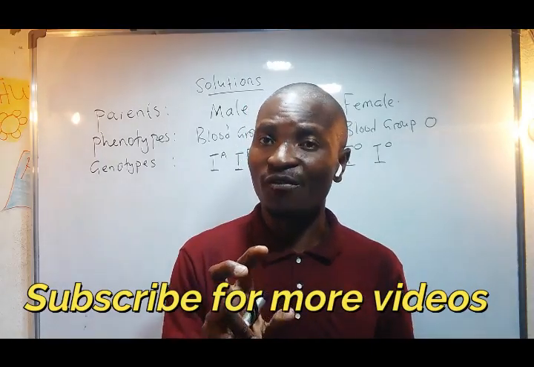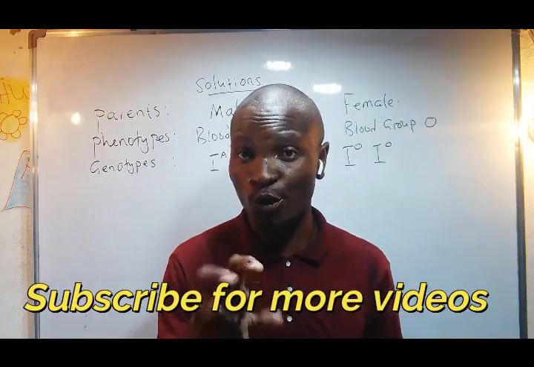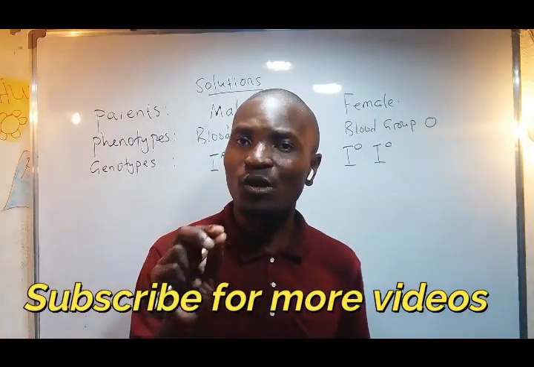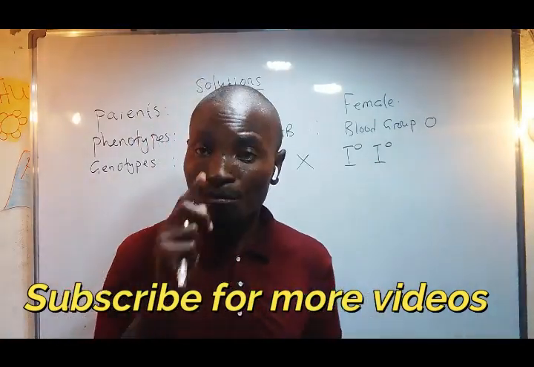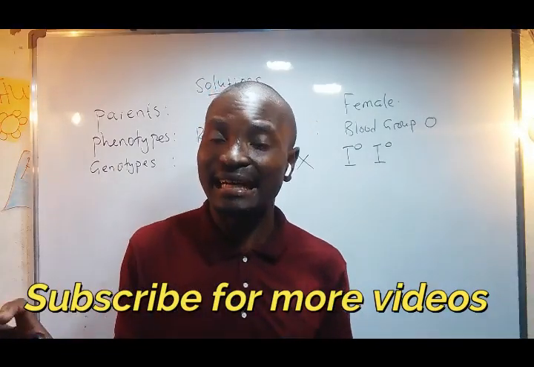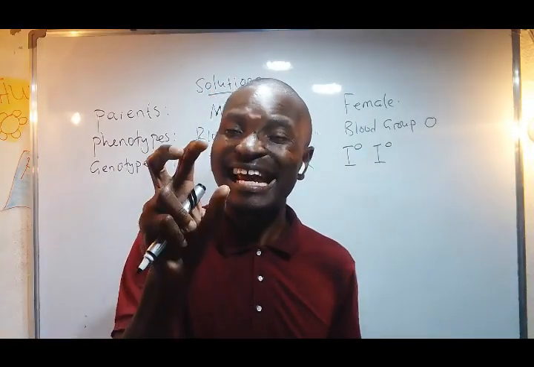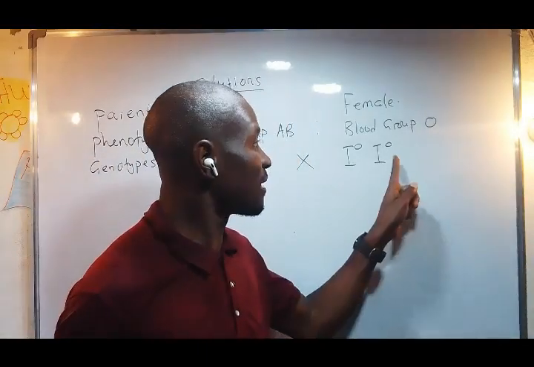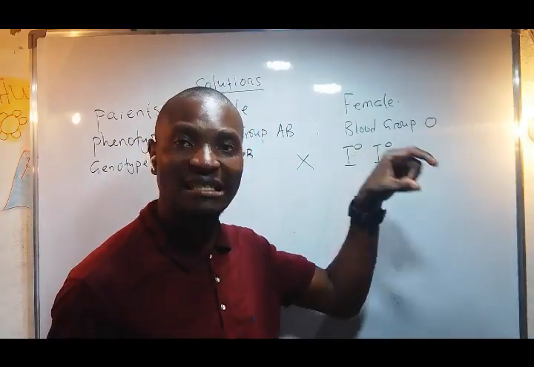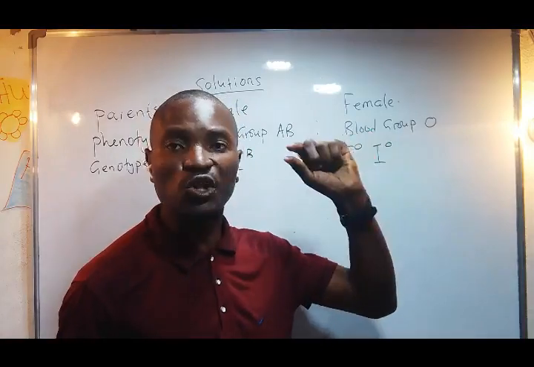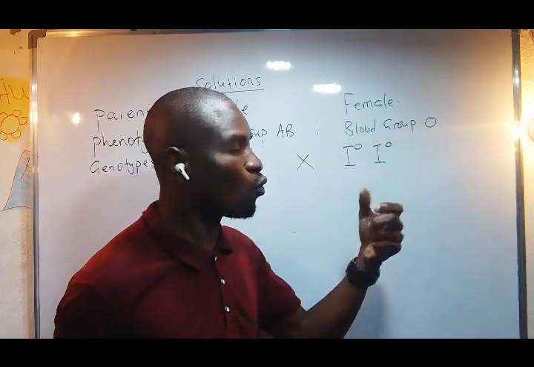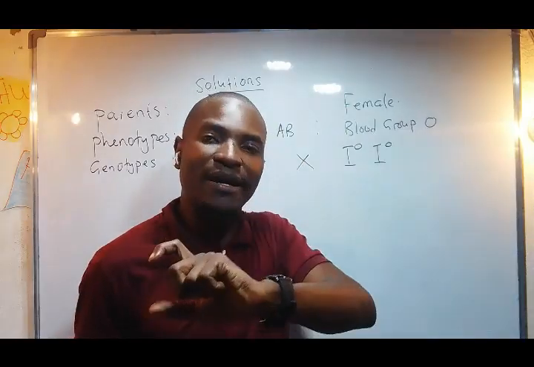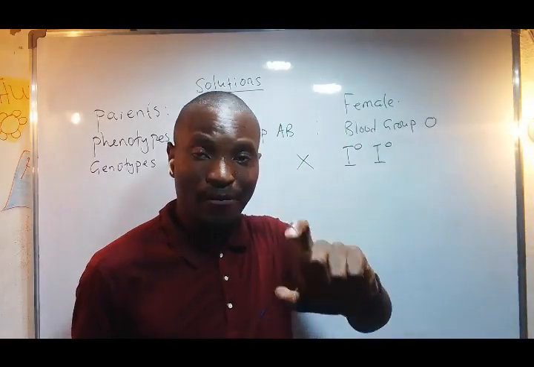Now, one of the most important things that I must tell you is that blood group O is hypothetically something that exists as a recessive gene, meaning you have to write it in small letters, to represent that it is not dominant over blood group A, blood group B, or AB.